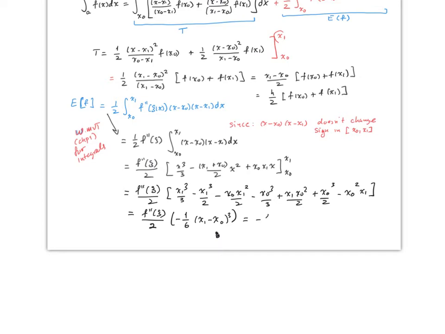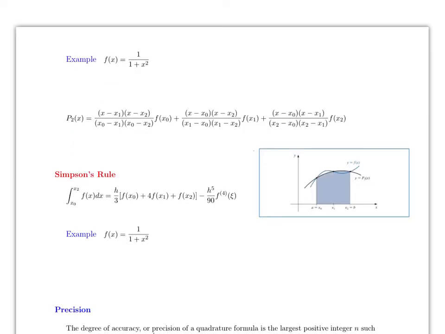So therefore this is negative 1/6 h cubed when you simplify, times the second derivative evaluated at c divided by 2. And this will be the error formula. So this is what E_f will be. And this right here is the one that you're going to use for computation or approximation. So let's see how this works. All right, so here we want to approximate the integral of 1 over 1 plus x squared.